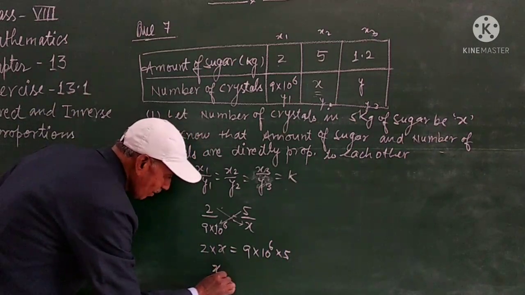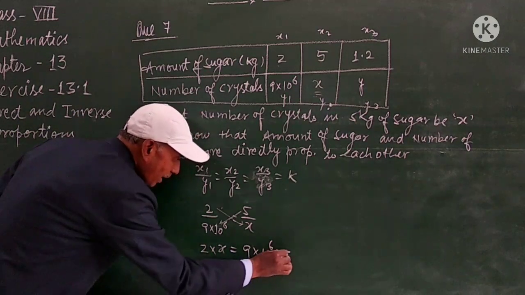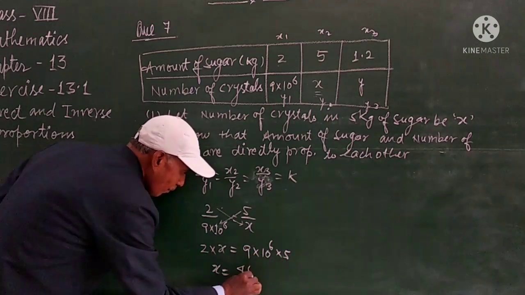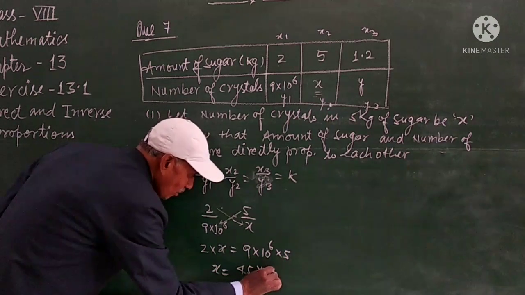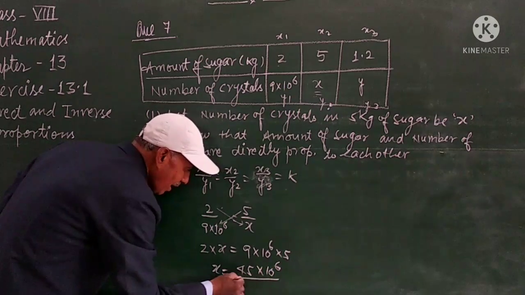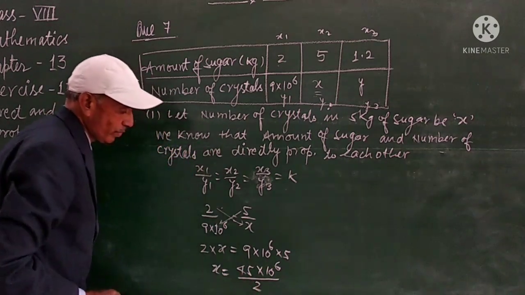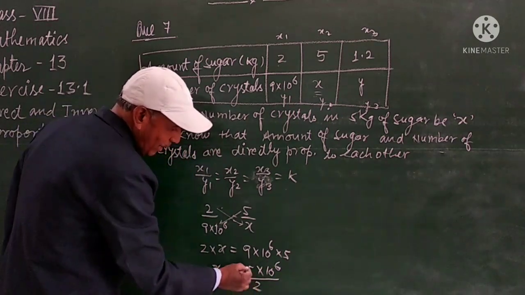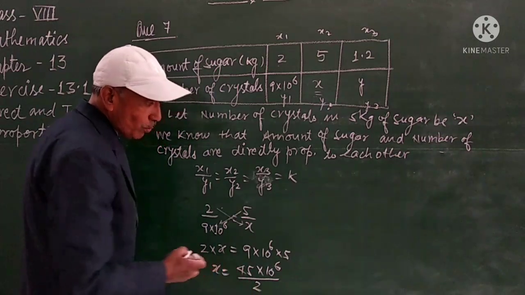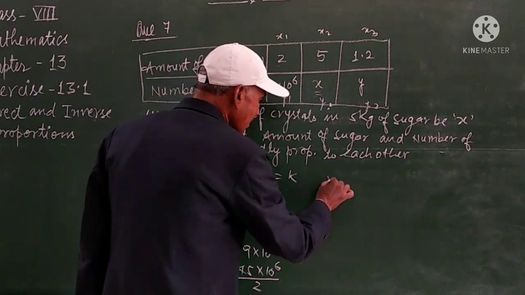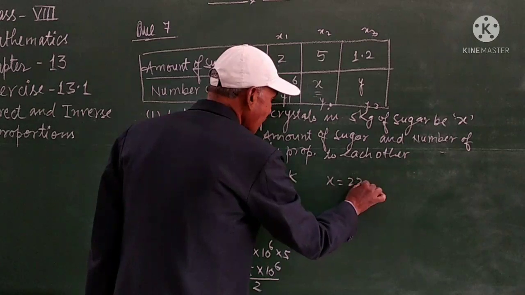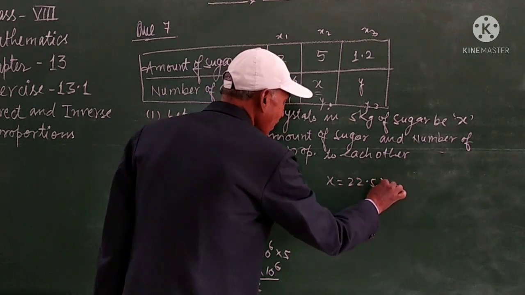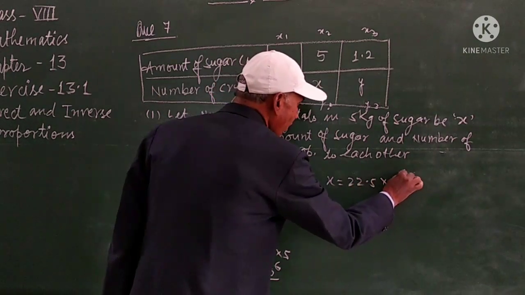So x is equal to 9 fives are 45, 45 into 10 to the power 6 divided by 2. After dividing 45 by 2, there will be 22.5, student. So x is equal to 22.5 into 10 to the power 6.